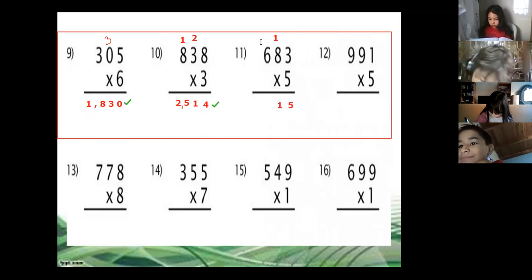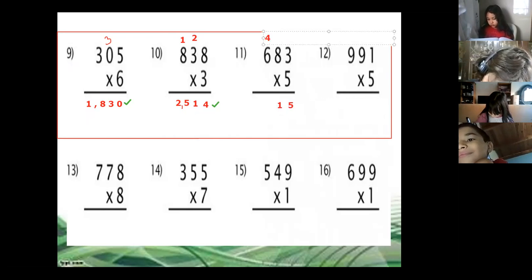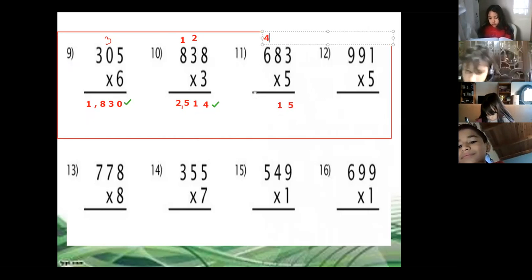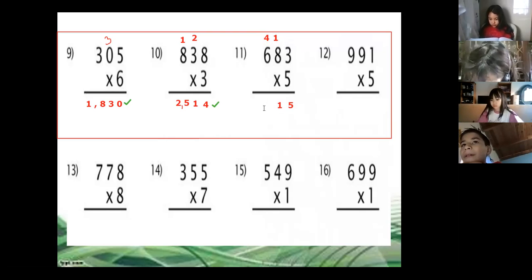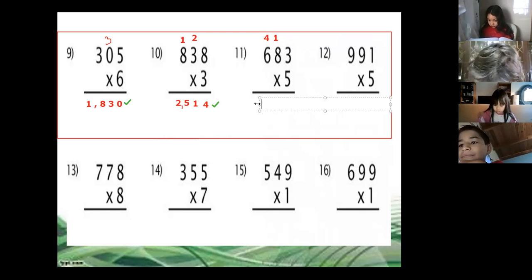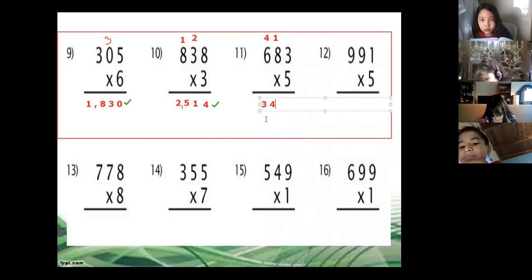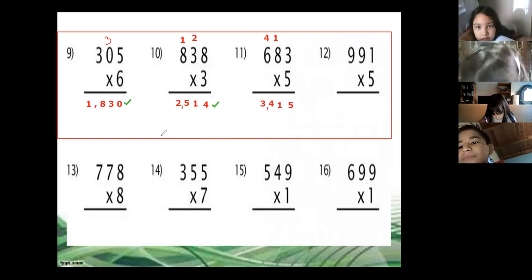That's right. So we write number 1 and the 4 we regroup as what? 400. Now 6 times 5, Fernando? 30. 30 plus 4, 34. That's right. So we have the answer of 3,415. Remember to write the comma.